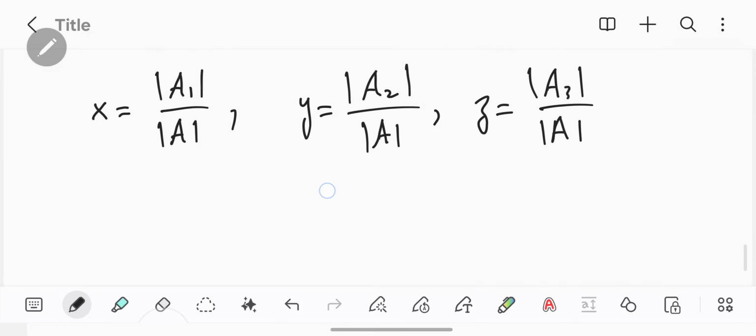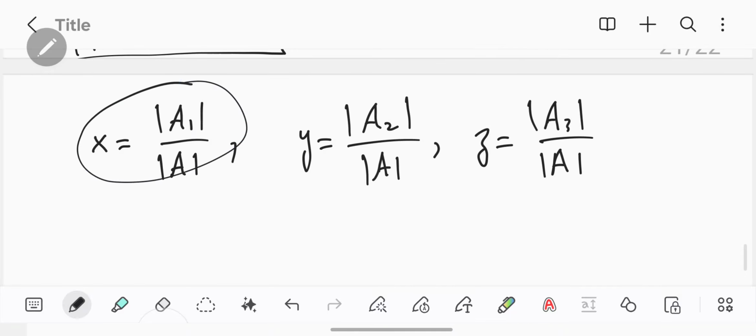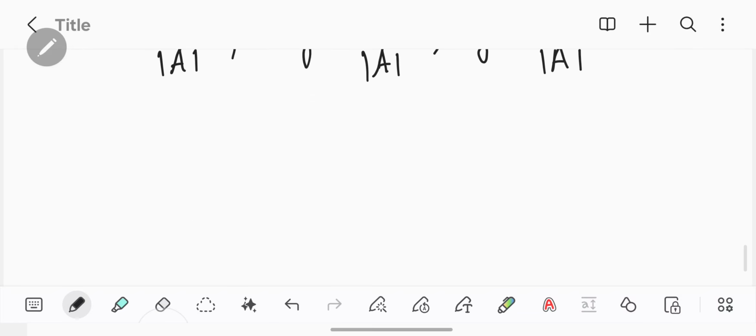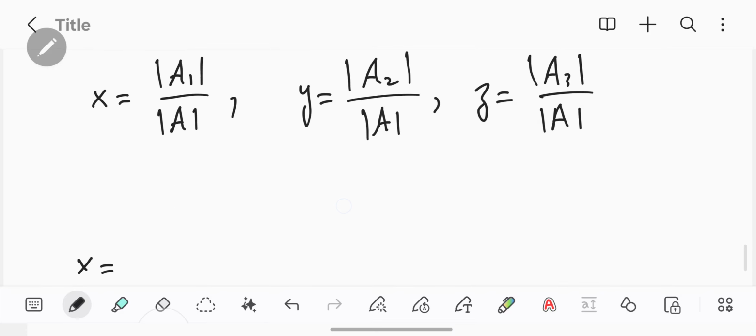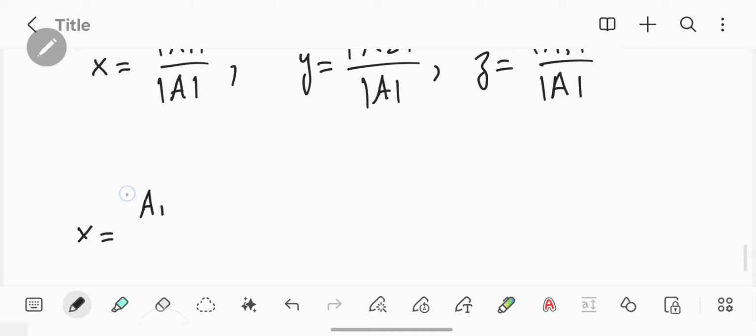Okay, so let's first find x. x is equal to the determinant of A1 over the determinant of A.